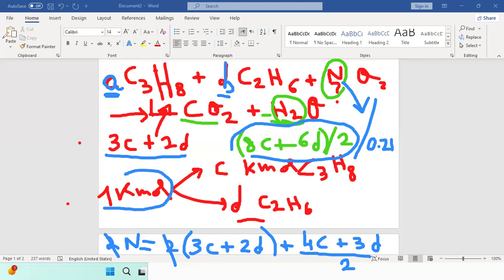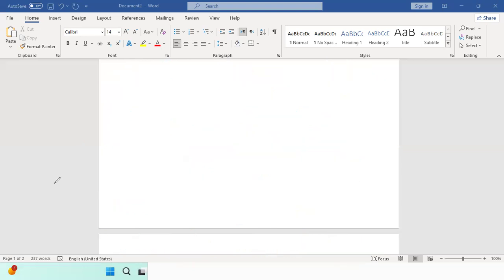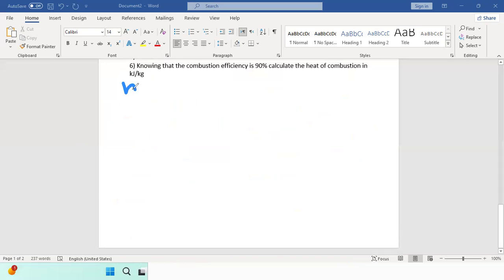Second method, which is much easier, is to use the result of a previous problem. In the previous problem, we said that the number of kilomole of air required per kilogram of fuel, which we named L0, can be just determined from knowing the percentages in mass.